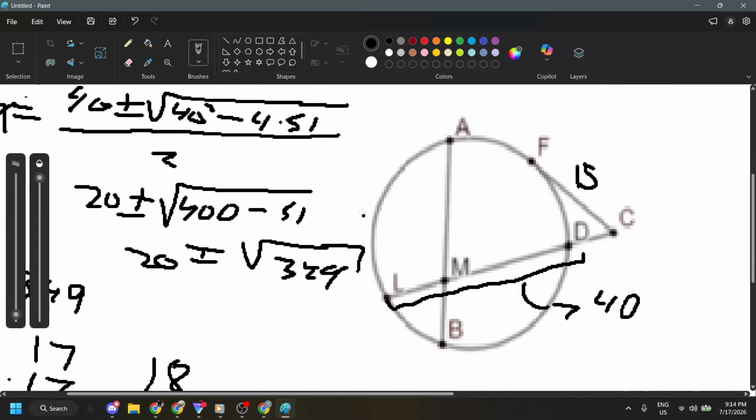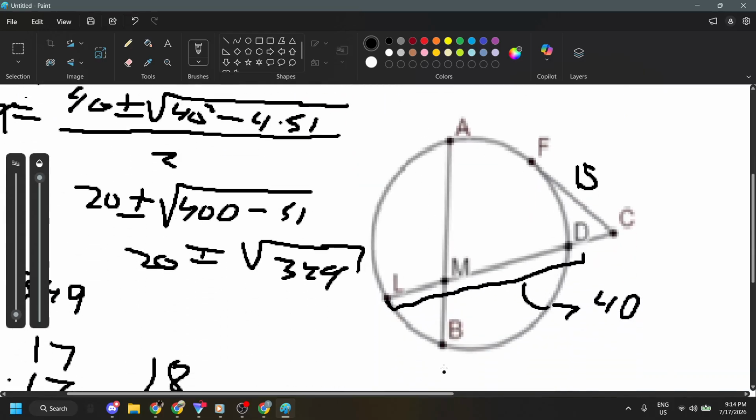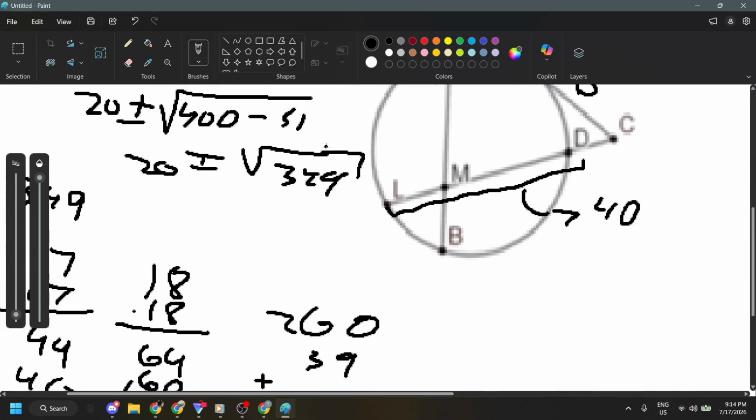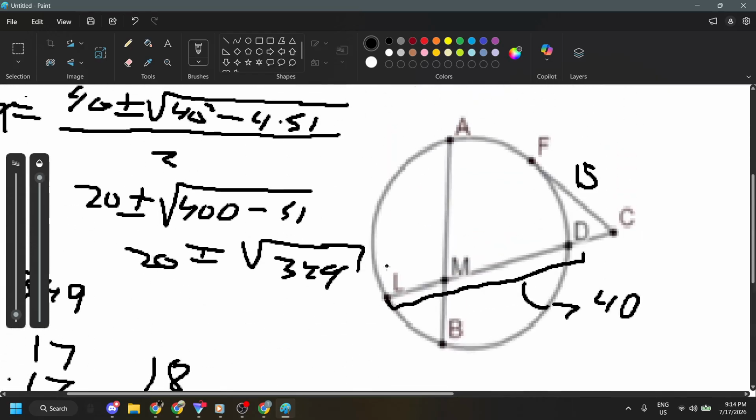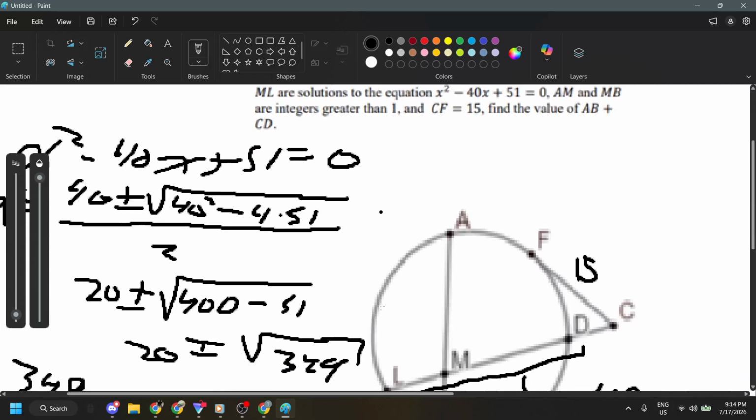Well, how can I possibly do this? We know that these two aren't equal because these aren't integers. But maybe this entire thing is equal? What would tell me that?